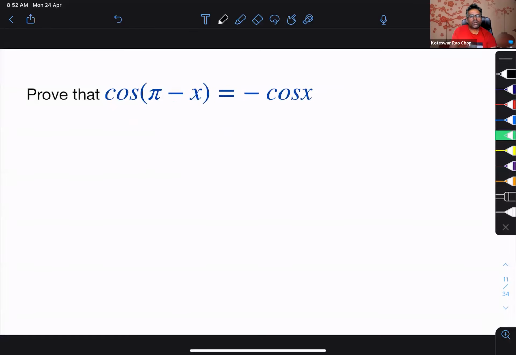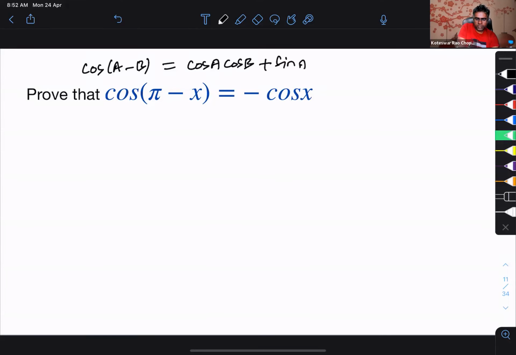Now cos of pi minus x is minus cos x. Here you can prove this in several ways. One of the ways is we just use cos of a minus b, which is cos a cos b plus sin a sin b. So a will be pi and b is x.